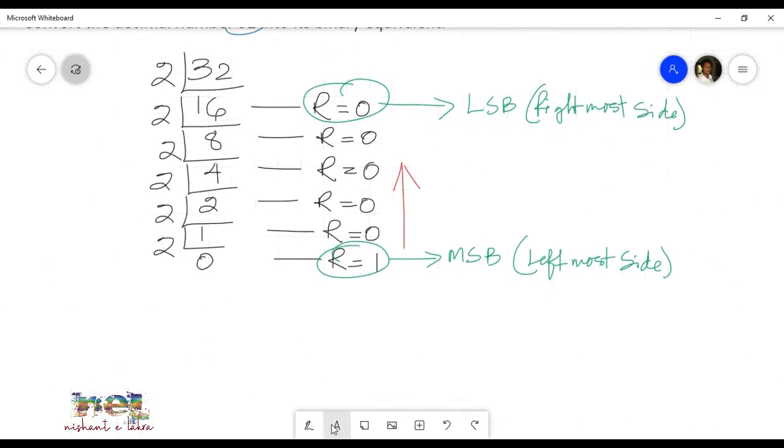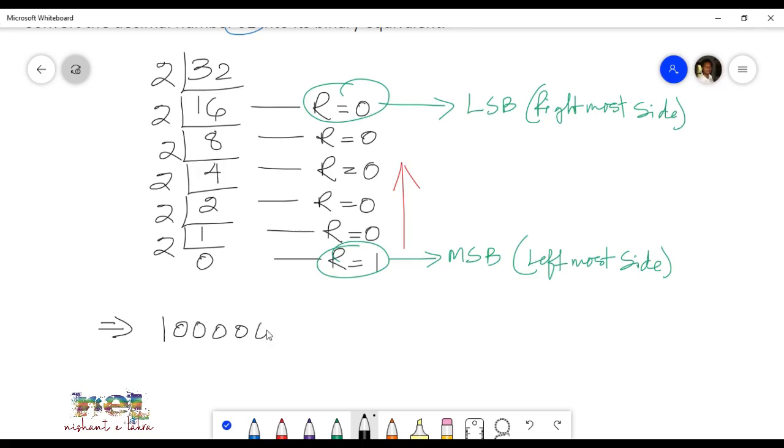And in what order do we write these digits? From below to the top. So let us arrange these digits and we will get the binary equivalent of 32 decimal number. So how much do we get? Is it 1 lakh?